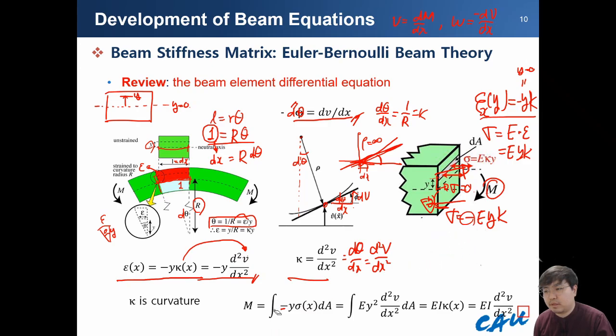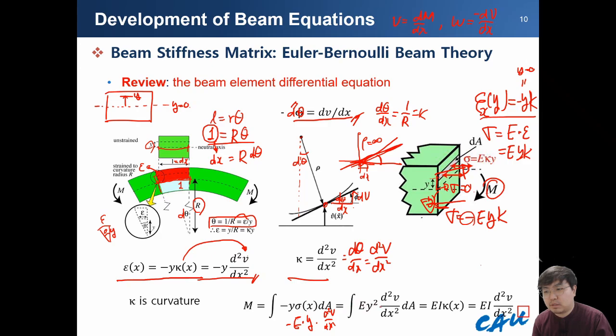In the previous slide, the stress is equal to the strain times E, the strain is y times the curvature, and the curvature is equal to the second derivative of the displacement in the transverse direction. Finally, the minus sign becomes positive, and we have Young's modulus, y squared, and the second derivative of the displacement.